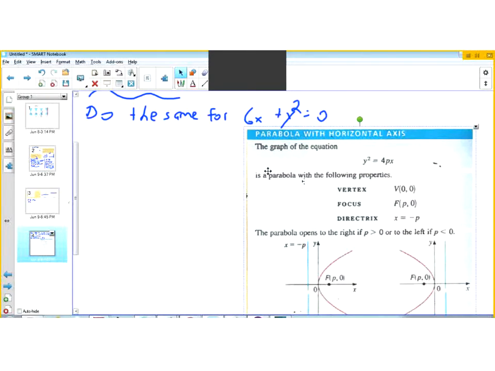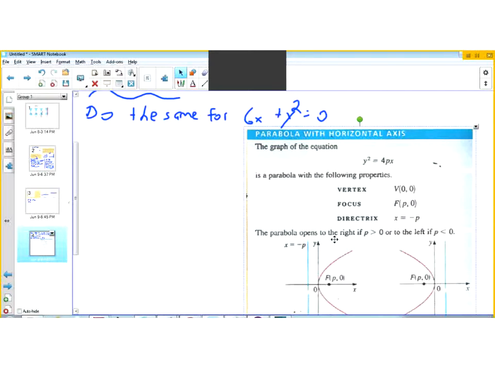The graph of the equation y squared equals 4px is a parabola with the following properties. Again, the vertex will be at the origin. This time, however, the focus will be at (p, 0). The focus will reside on the x-axis, and the directrix will be x equals minus p.